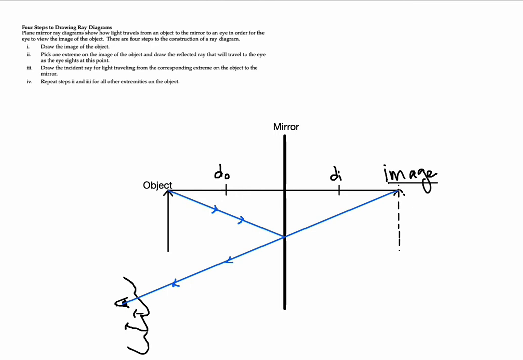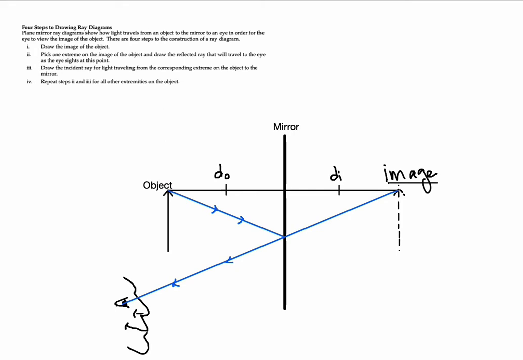Now repeat steps 2 and 3 for all other extremities in the object. So we're going to go from the bottom. I'm going to draw a different color here. Let's pick goldish.